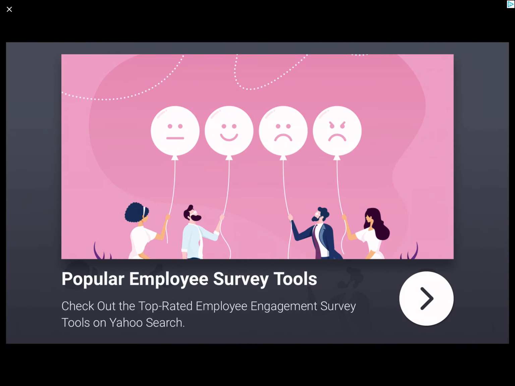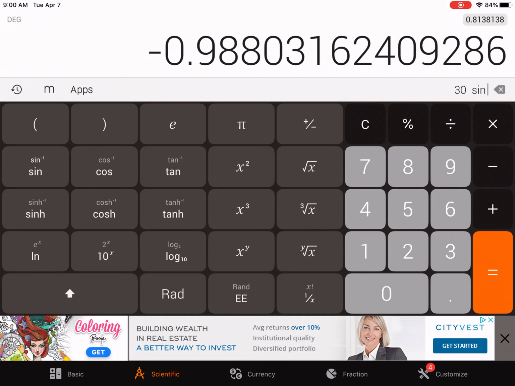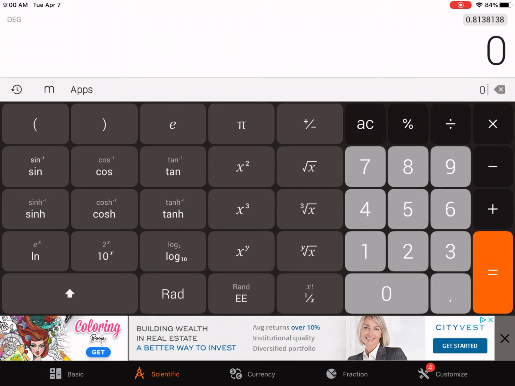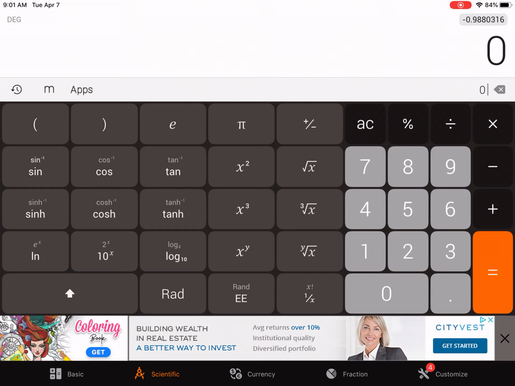Okay, and I'm going to change it to degrees. Now I'm going to type in 30. I'm going to hit sine. And it's not liking me today. Hold on, guys.